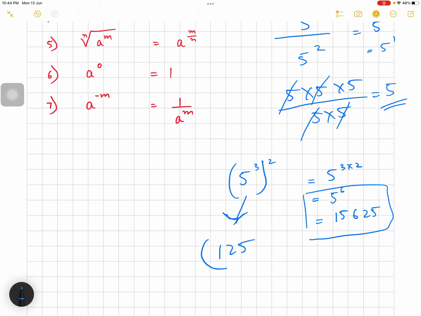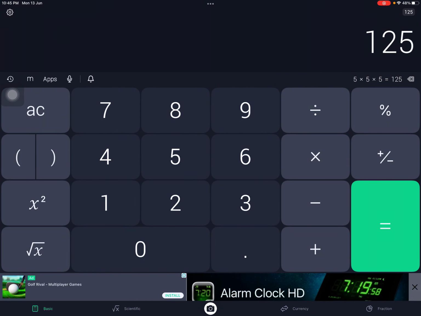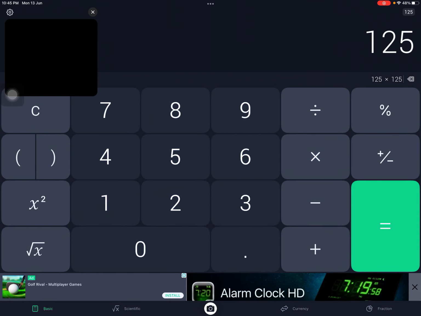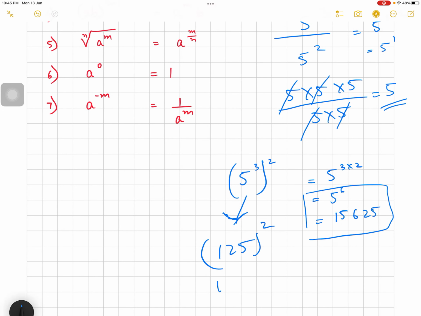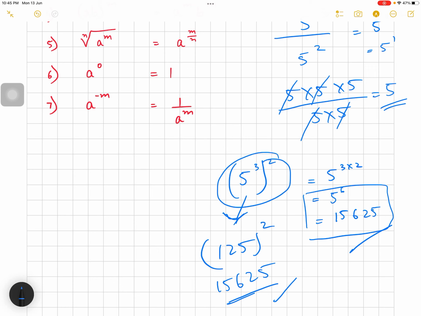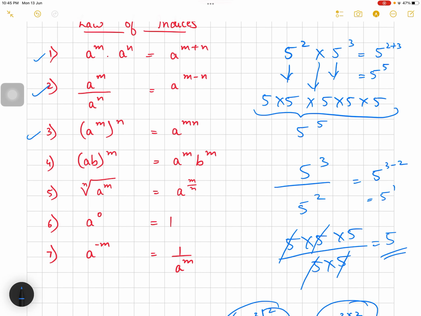So 125 raised to 2, 125 into 125, comes to 15,625. So see, LHS is equal to RHS. So that means this and this are equal, right? So I proved the third law as well.